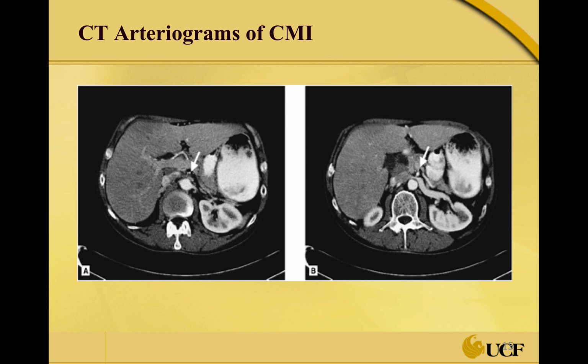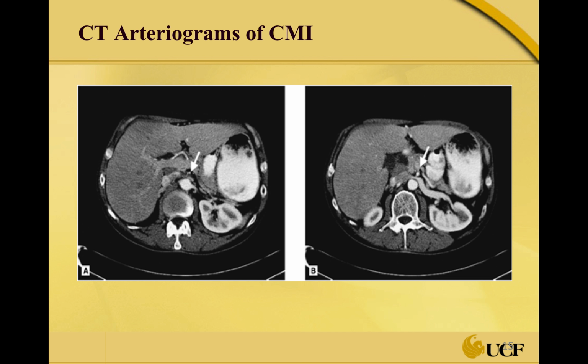And there is no contrast within the lumen of the vessel in this cross section, as you can see. In the B view, the superior mesenteric artery is shown with the arrow in this cross section that is about 10 millimeters caudal to the first image. The artery is patent at this level as reflected by the contrast in the lumen.